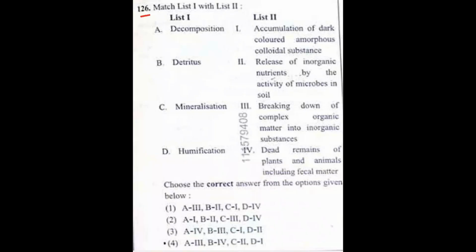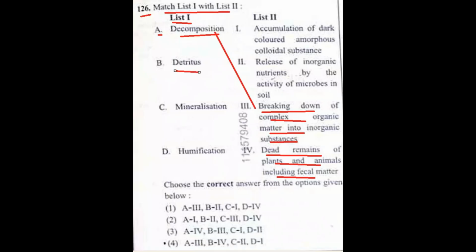Question number 126. Match list 1 with list 2. List 1, A, decomposition. Decomposition means breaking down of complex organic matter into inorganic substance. So A will match with 3. Then detritus: dead remains of plants and animals, including fecal matter.